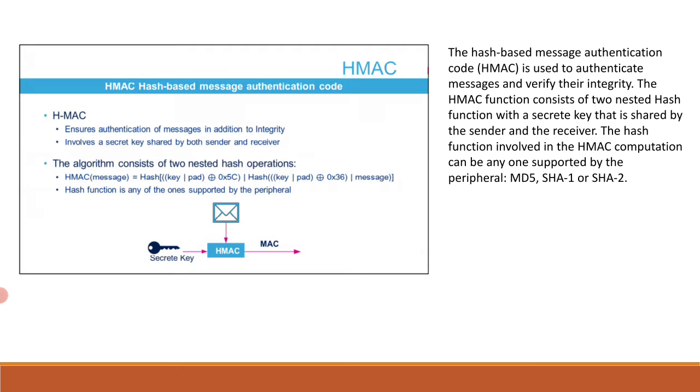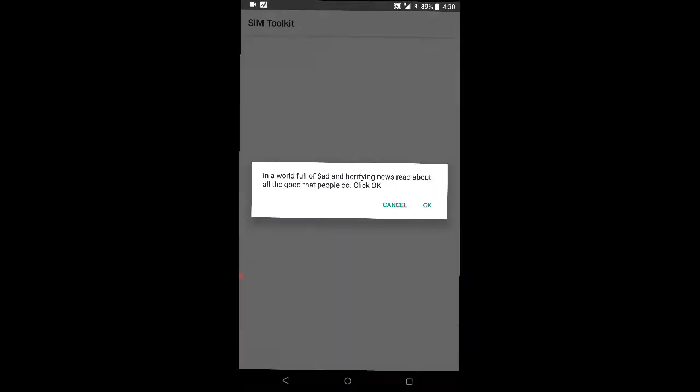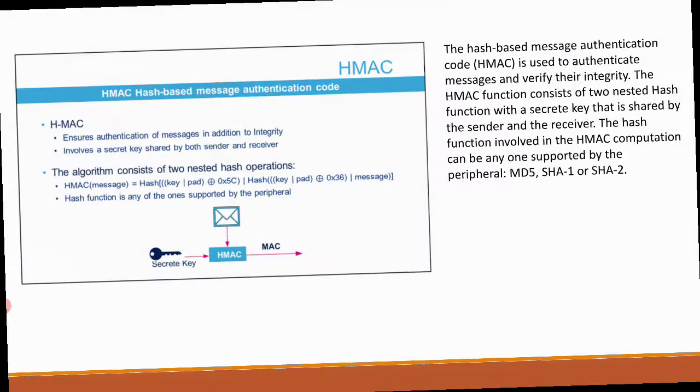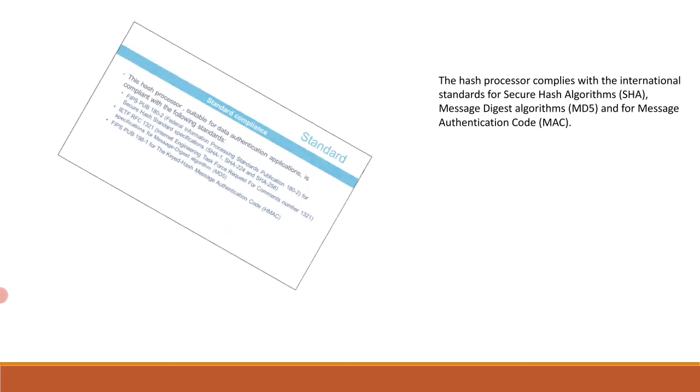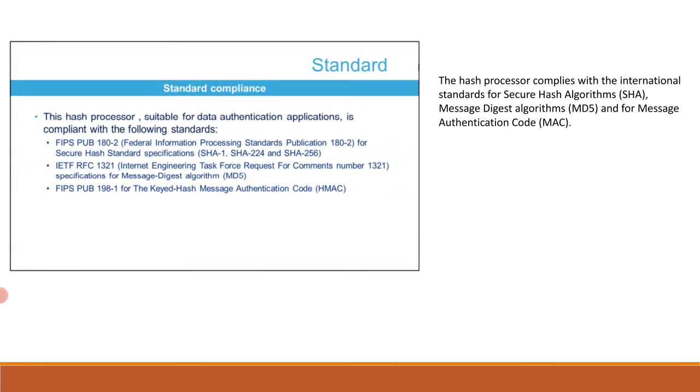The hash function involved in HMAC computation can be any one supported by the peripheral: MD5, SHA1 or SHA2.